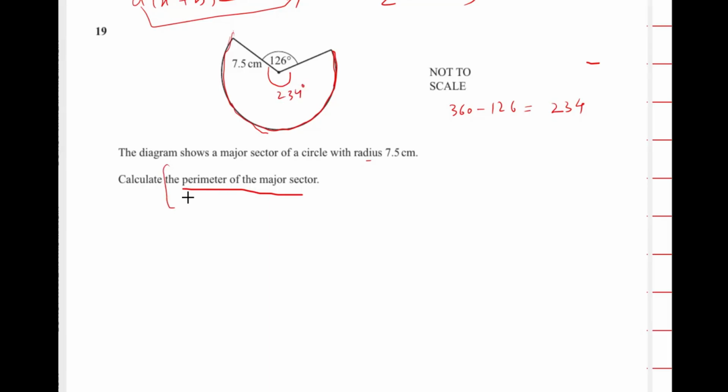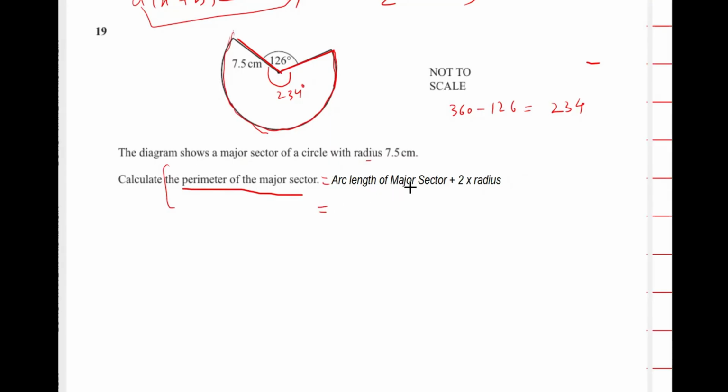We have to calculate the perimeter of the major sector, and the perimeter of the major sector will be equal to the arc length of the major sector plus 2 times the radius, because the perimeter is the length around the shape. This is the arc length of the major sector and this is the radius. We add these two radii plus the arc length to get the perimeter of the major sector.